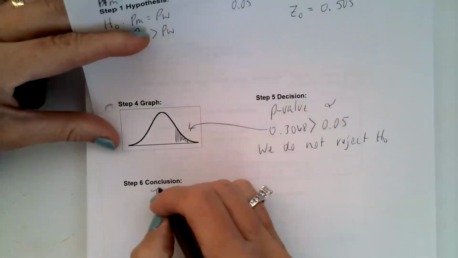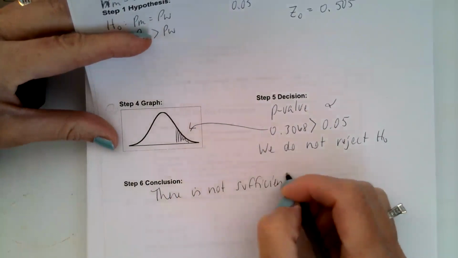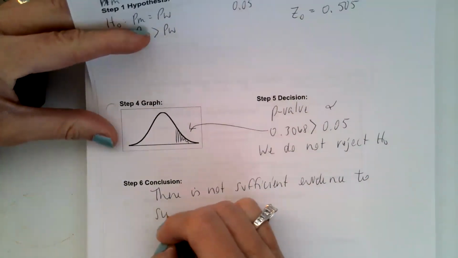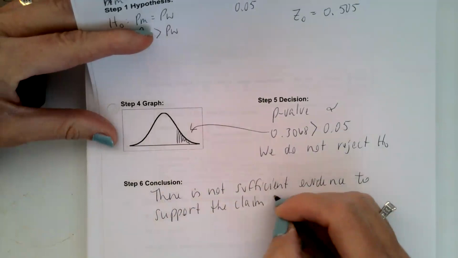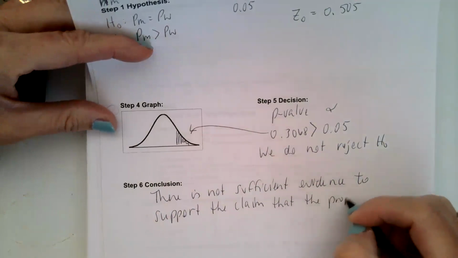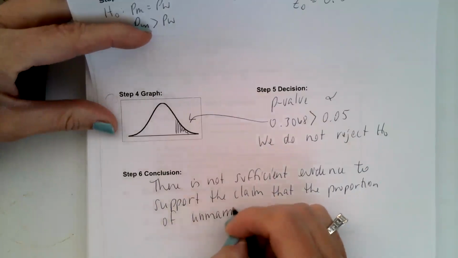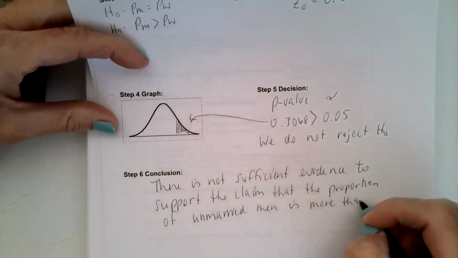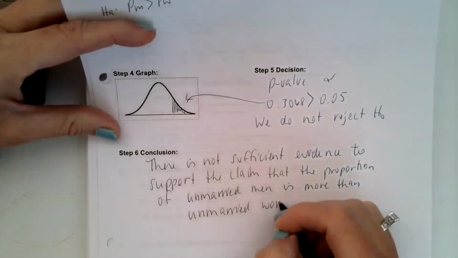So there is not sufficient evidence to support the claim that the proportion of unmarried men is more than unmarried women.